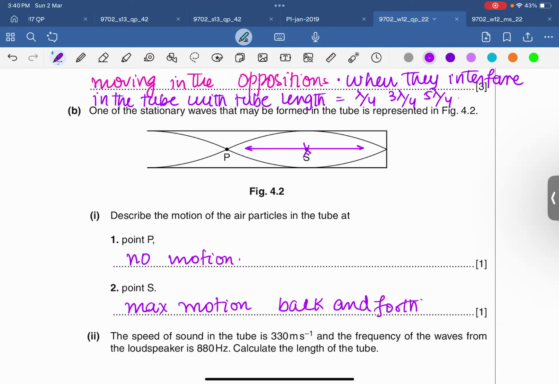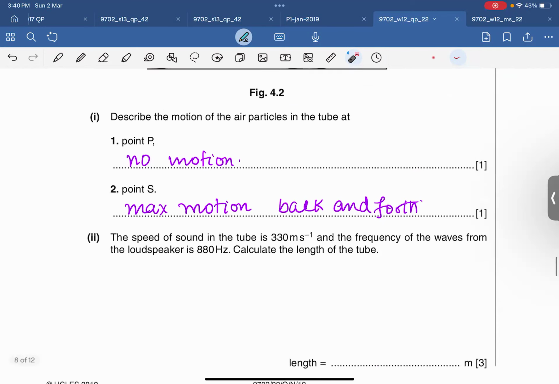Look, this is the antinode. If you place a point here or here or here, all show the antinode. Clear? So they are basically asking for the antinodes, right? Clear? Now go ahead and read the next part.